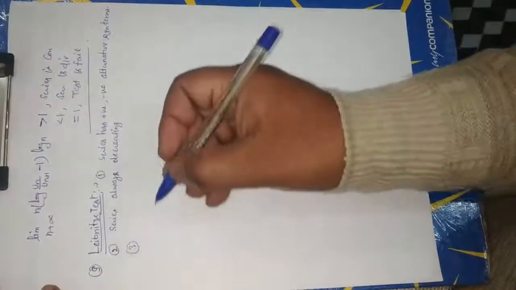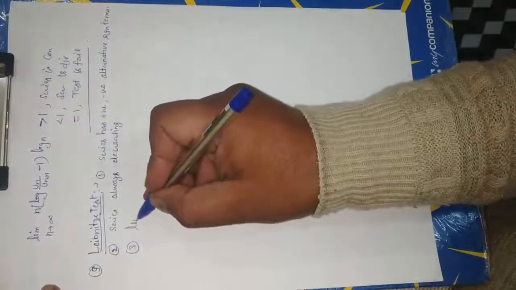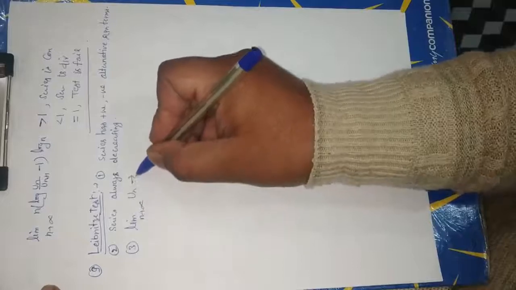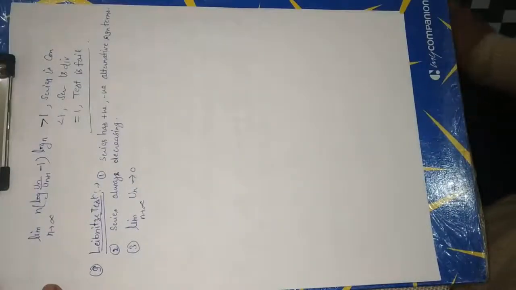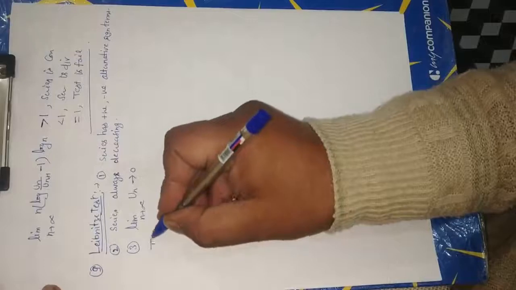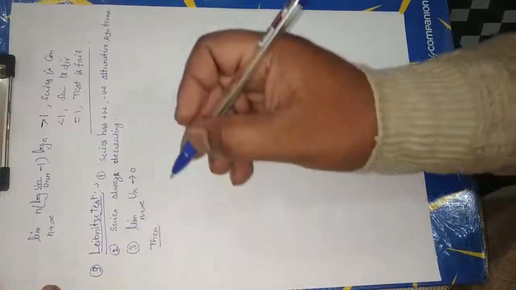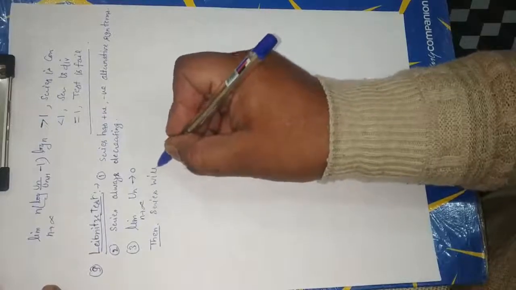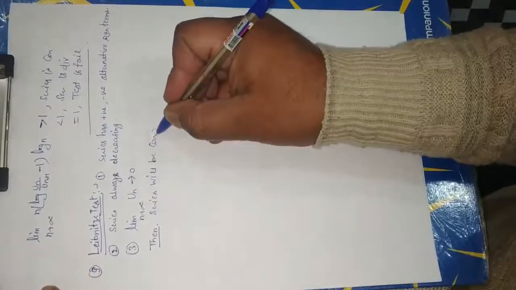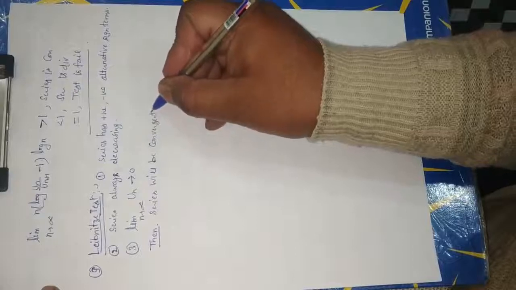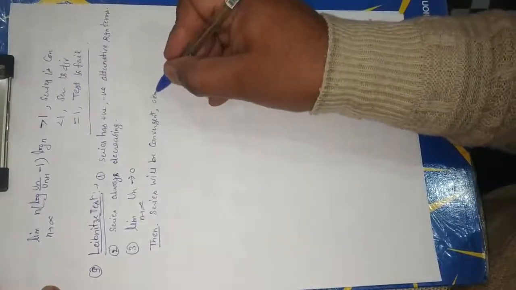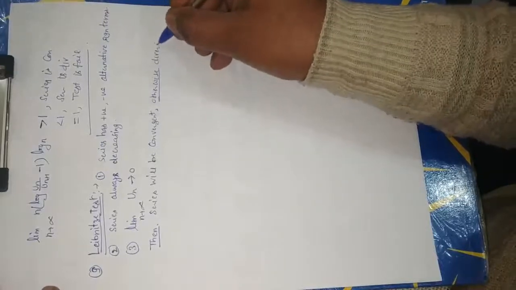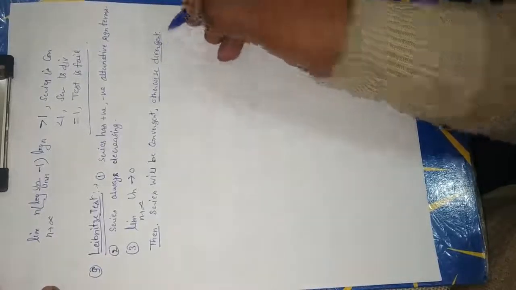Now third, limit n tending to infinity un tending to 0, then we can say the series will be convergent. Otherwise, divergent. Okay.